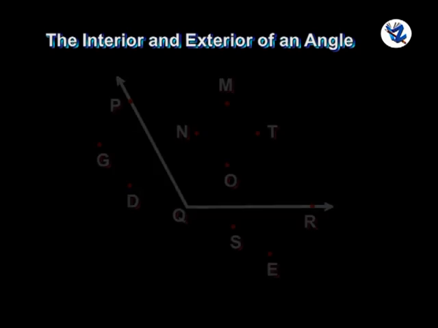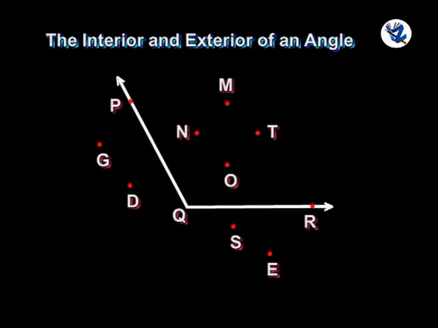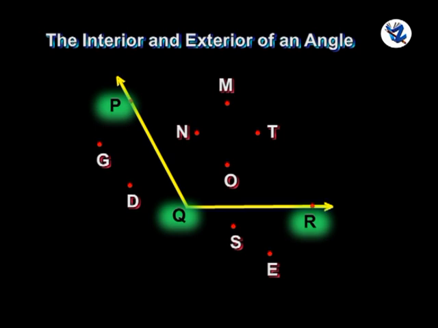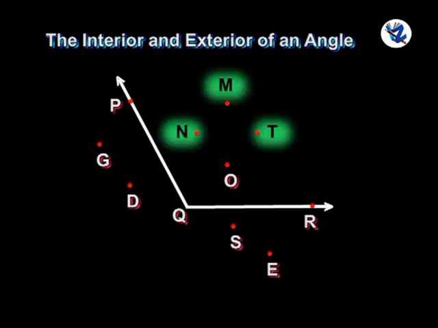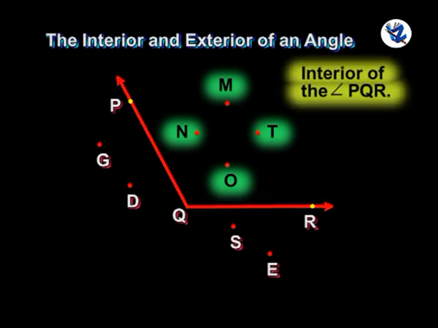Correct. Now we'll see the interior and exterior of an angle. Here we can see one more angle, angle PQR. Point Q is the vertex of the angle. Side QP and side QR are the sides of the angle, and the group of points like point N, point M, point T, point O, which are not on the arms of the angle, form the interior of the angle PQR.